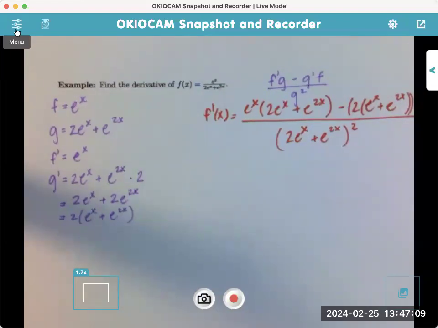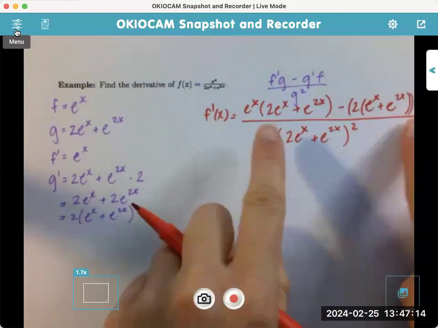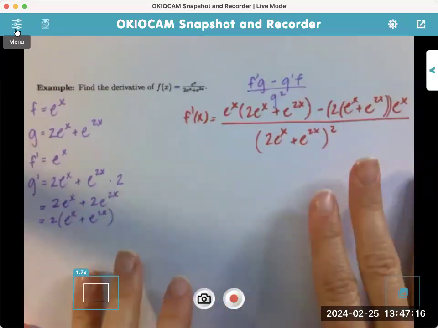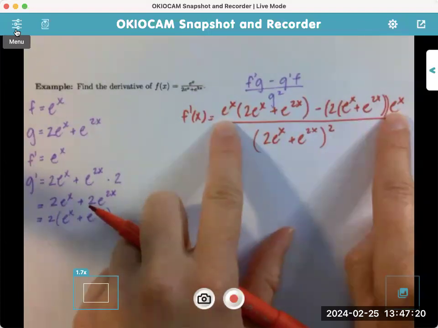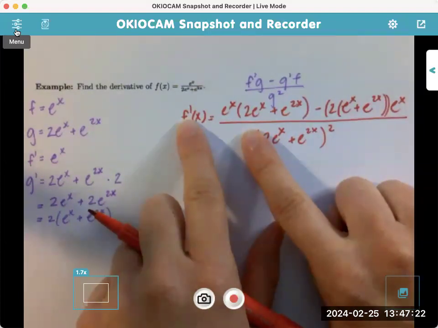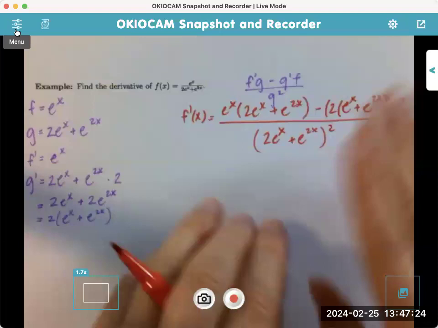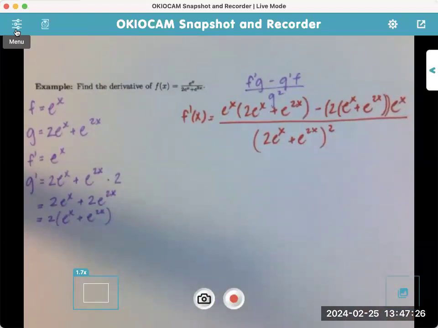There you go. Ooh, how pretty. I won't force you to do it now, but there is an e to the x, e to the x here, so you could pull it in front if you wanted to. Again, I won't force it on you, but just notice eventually we are going to simplify this a little further.